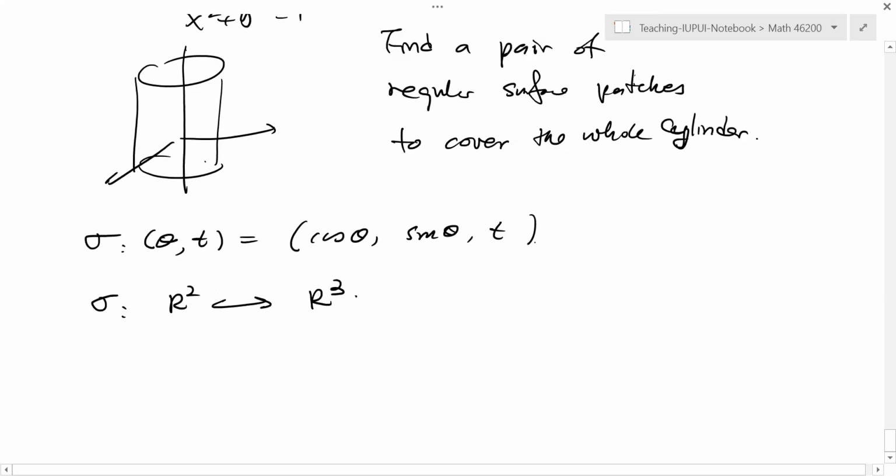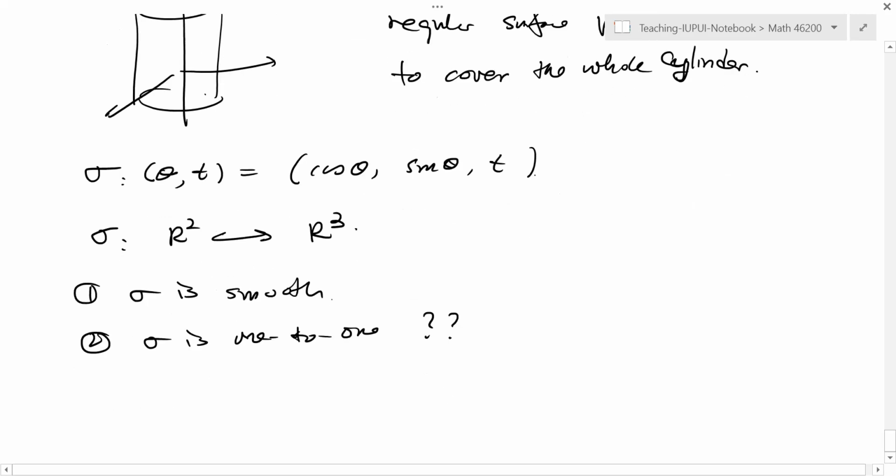What do we see? First of all, sigma is smooth, no problem. Second, is sigma one-to-one? That's a question. However, sigma is regular. Sigma is regular means the cross product of sigma theta and sigma t is not 0, or they are linearly independent.